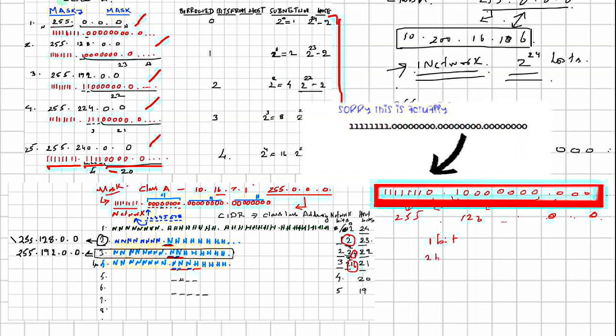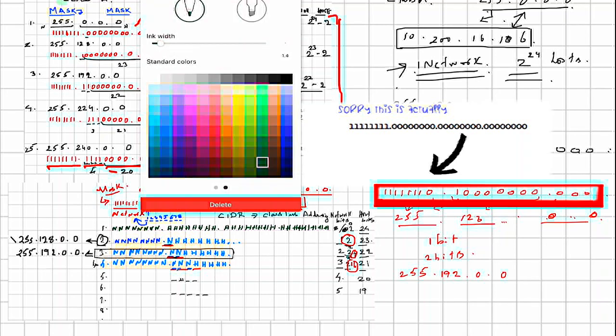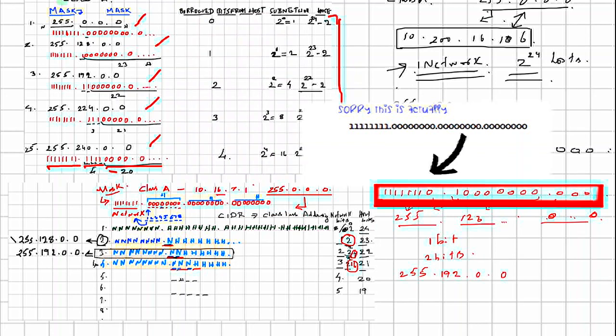In a similar way, now one bit has been added. Now add 2 bits. After adding 2 bits, the subnet mask becomes 255.192.0.0, as I showed here. See here, when we add one bit, the subnet mask is 255.128.0.0.